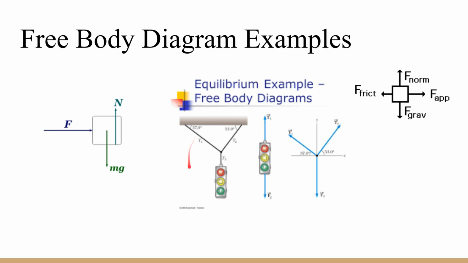So this one is the harder one. We have two free body diagrams: the one for the signal, the traffic light, and the one for the point where all three ropes attach. So we have Fg, the force of gravity acting on the traffic light, and we have tension 3 acting upward.